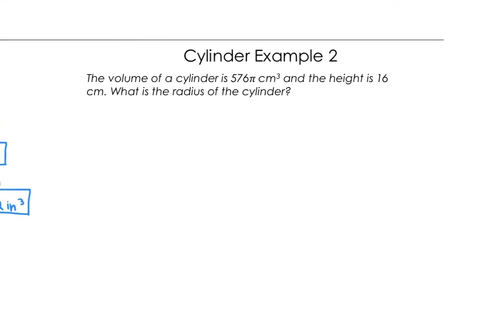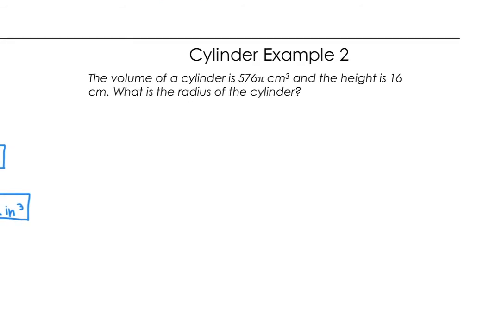Okay, let's look at example 2. So this one says the volume of a cylinder is 576 pi centimeters cubed, and the height is 16. We want to find the radius of the cylinder. So just like the previous one with the triangular prisms, this is a working backwards problem. The reason I know this is a working backwards problem is because we're given the volume and we're asking for a dimension.